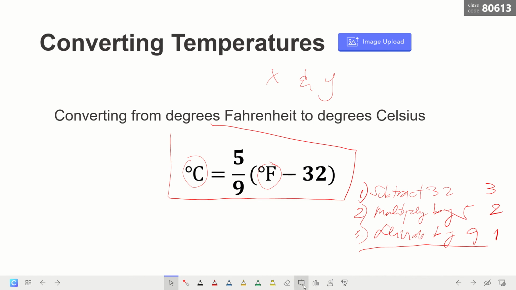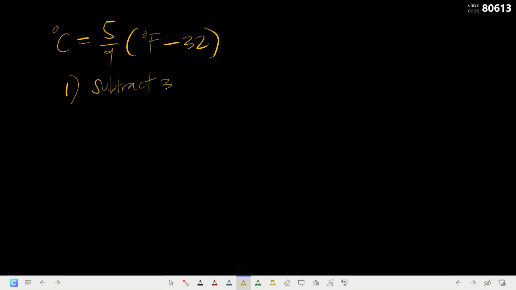So lagay tayo ng blackboard. So again, yung una natin dito, di ba? We have here degrees Celsius is equal to 5 over 9 times degrees Fahrenheit minus 32. So yung ginawa natin dito is 1, we subtract 32. Number 2, we multiply by 5.